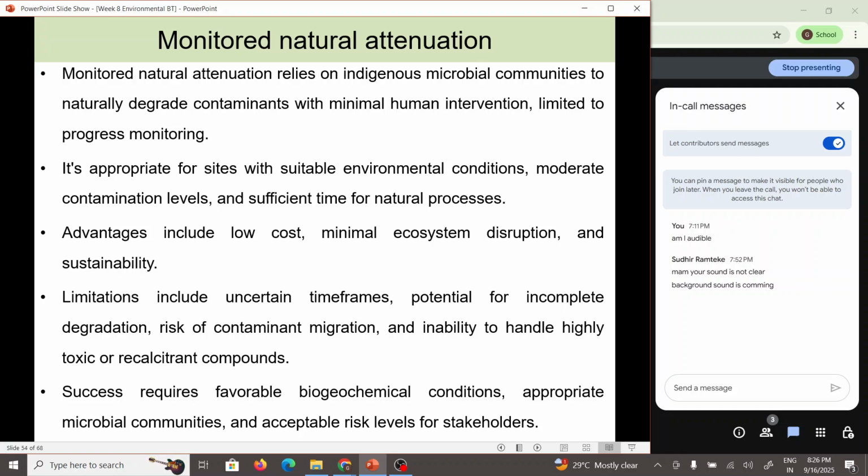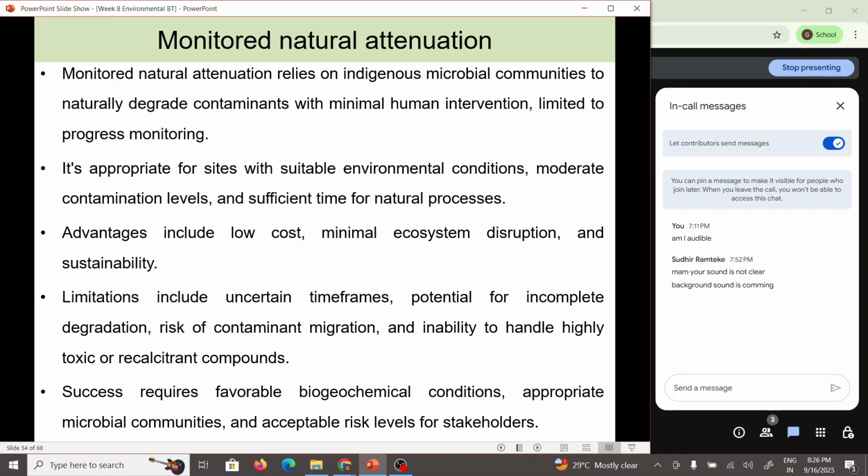So here we will talk about monitored natural attenuation. Monitored natural attenuation relies on indigenous microbial communities to naturally degrade the contaminants, with minimal human intervention limited to progress monitoring.